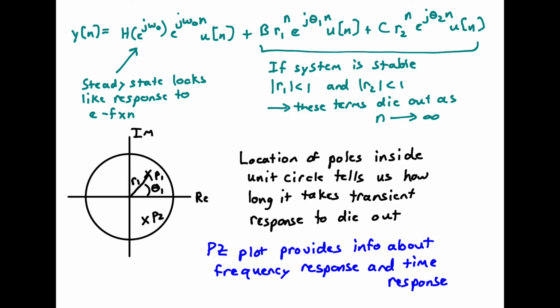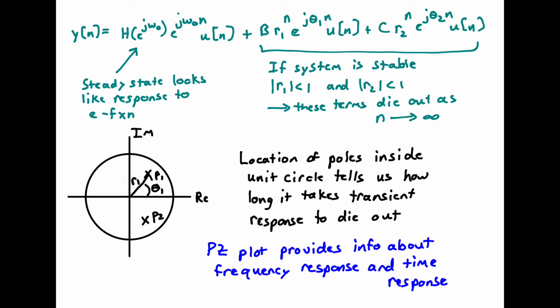So the location of the poles inside the unit circle is going to tell us how long it takes this transient response to die out. If the pole has a radius associated with it that is very, very close to 1, say it's 0.99, 0.99 to the n is going to take a lot longer to die out than 0.2 to the n.